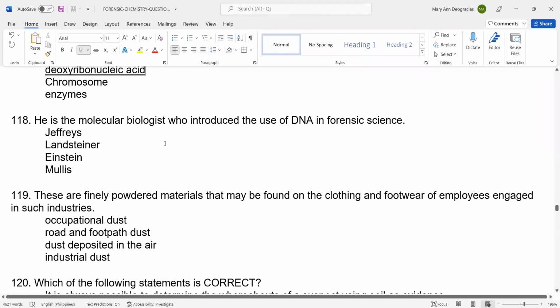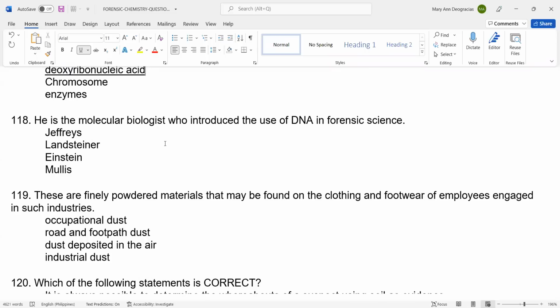118. He is the molecular biologist who introduced the use of DNA in forensic science. A. Jeffries, B. Landsteiner, C. Einstein, D. Mullis.